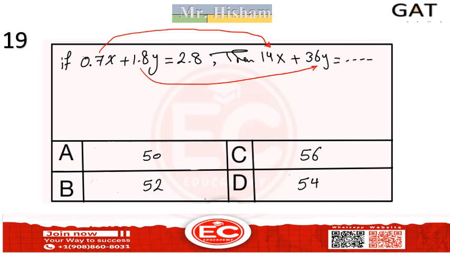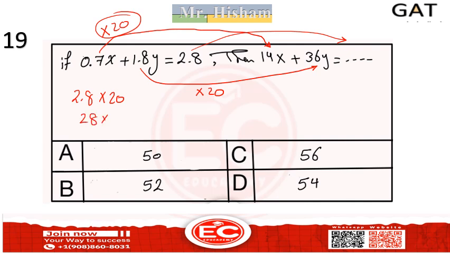It's clear that 0.7 is multiplied by 20, and 1.8 is multiplied by 20. So all you have to do is multiply 2.8 by 20, which is 28 times 2, which is 56. So the right answer is C.